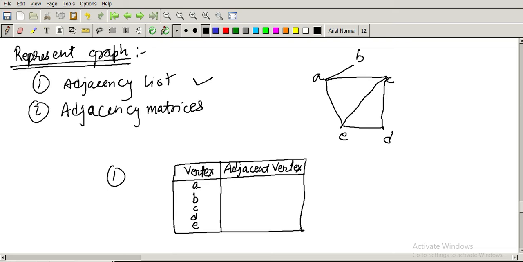What are the adjacent vertices to A? B is adjacent to A, C is adjacent to A, and E is also adjacent. So for A we have three adjacent vertices: B, C, E. This is your list representation of a graph.